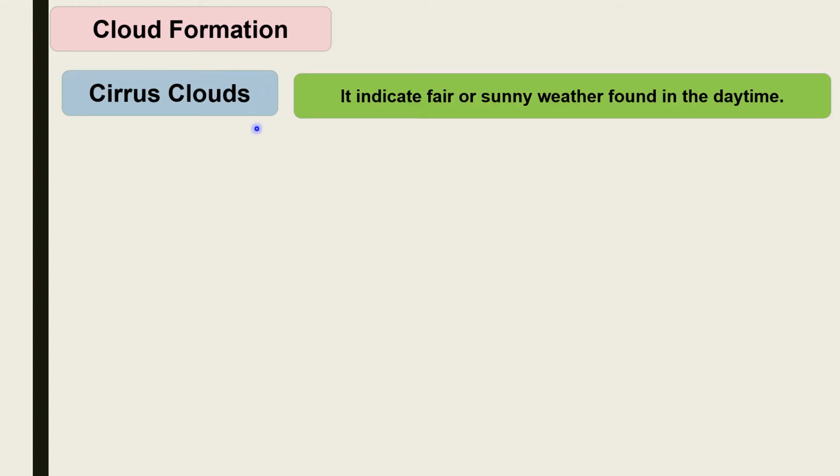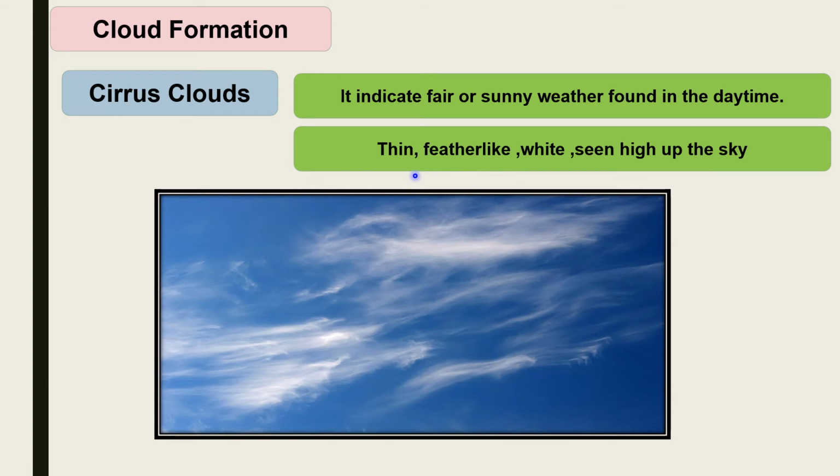Another cloud formation is cirrus clouds. They indicate fair or sunny weather found in the daytime. The characteristic is that they are feather-like, white, and seen high up in the sky.